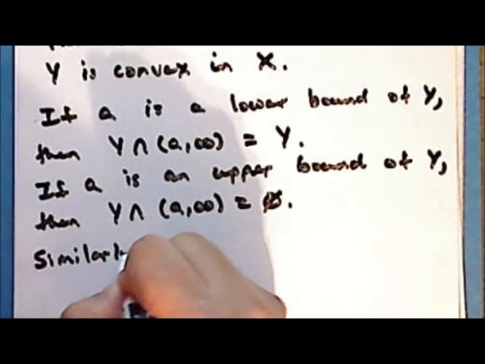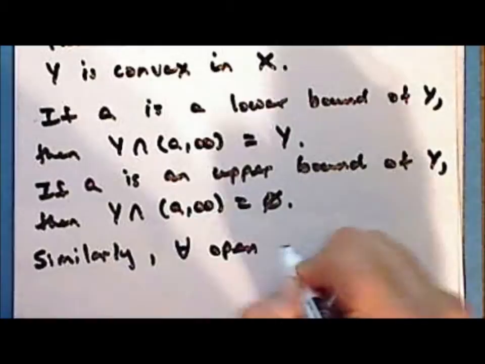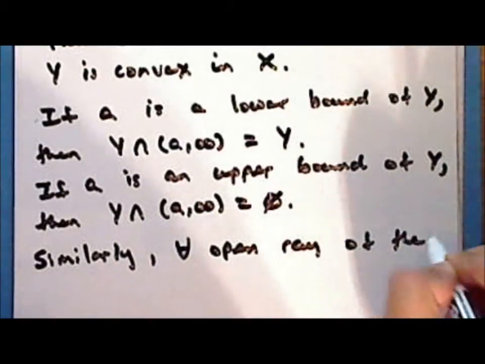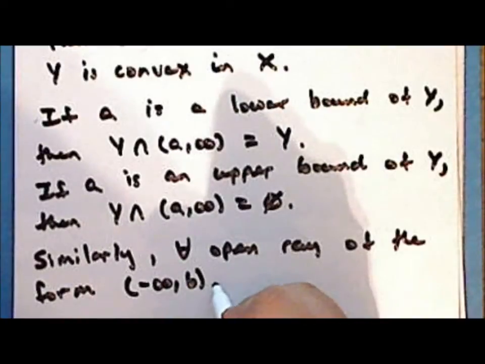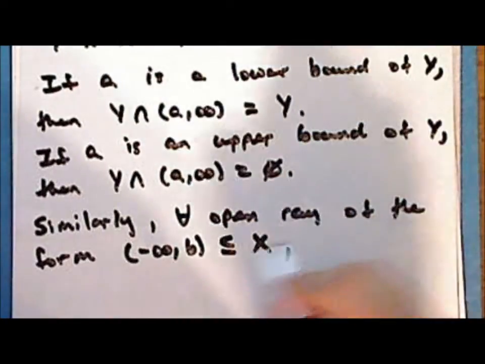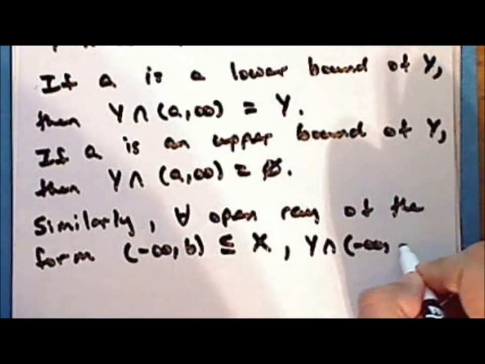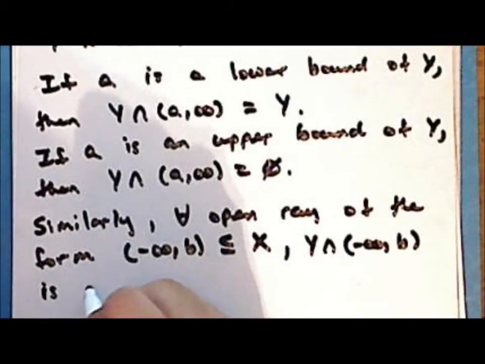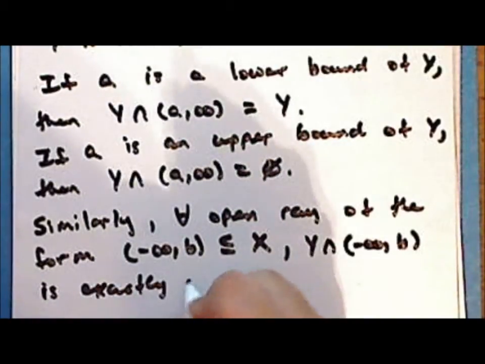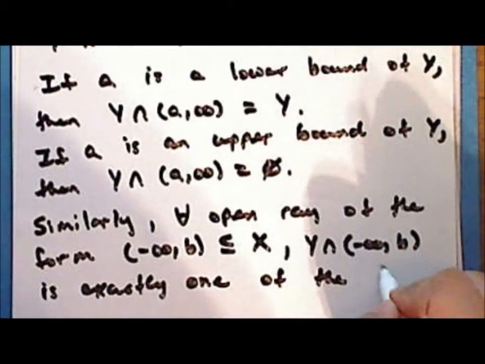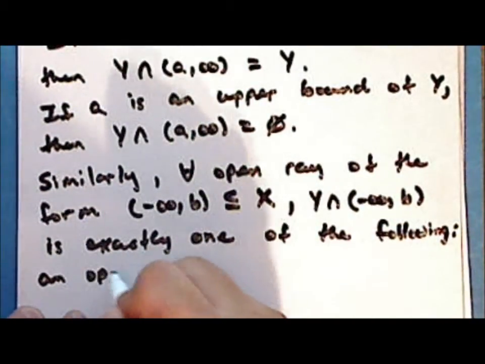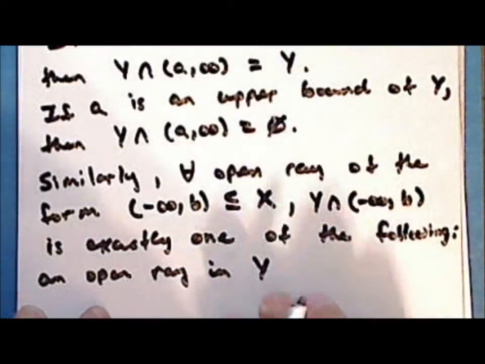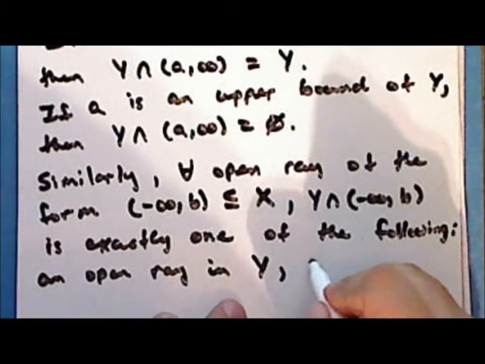Similarly, for every open ray of the form negative infinity to b in the space X, the intersection of Y with this open ray is exactly one of the following: an open ray in the simply ordered set Y, the entire set Y, or the empty set.